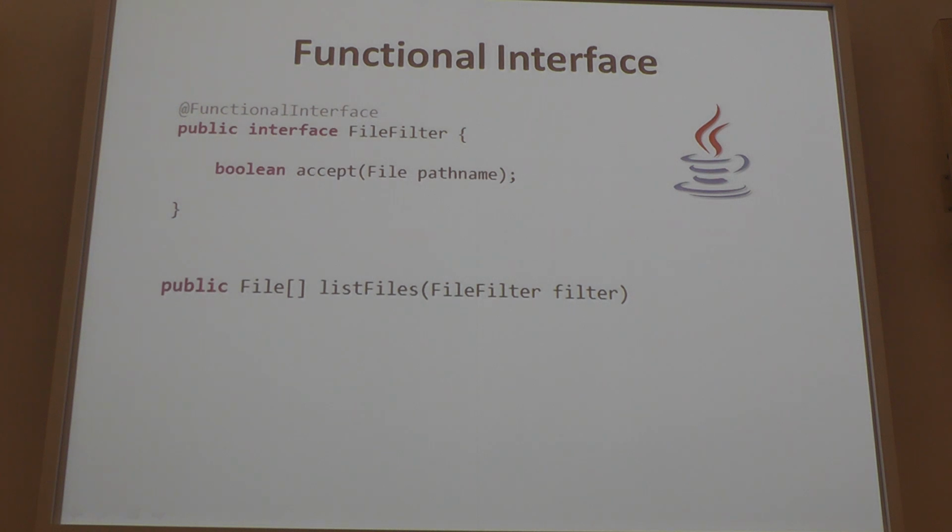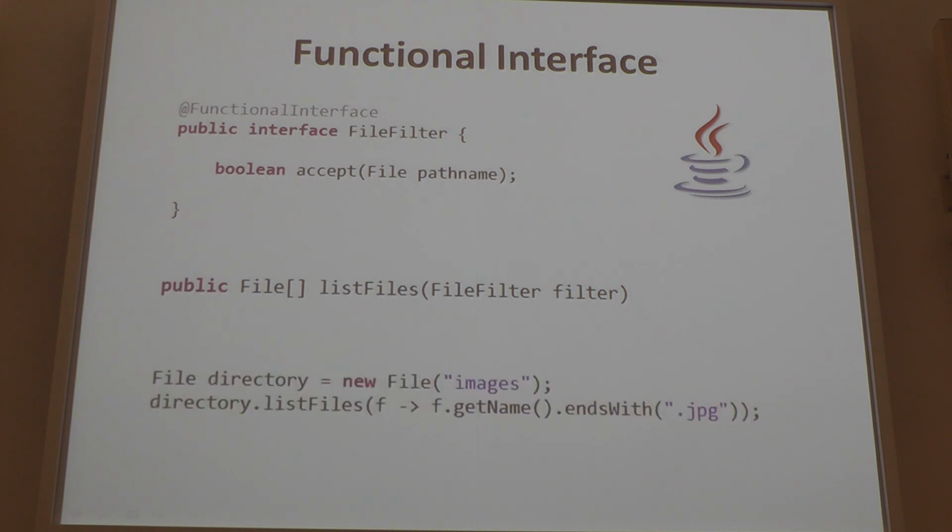Okay. Then we have some API. For example, on the java.io.File class, there is a method called listFiles. It takes an instance of FileFilter and returns an array of files. Again, this method is old as Java 1, nothing new. But now you can use it like this.